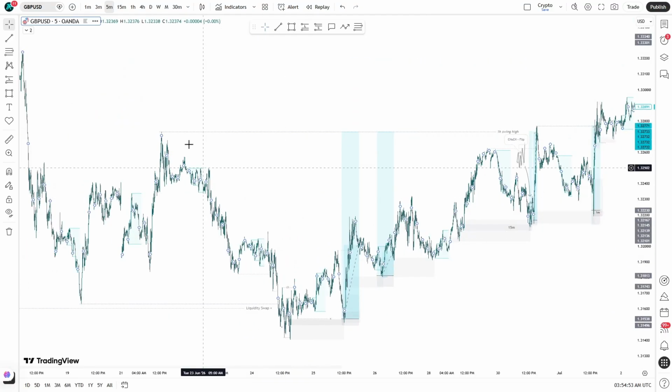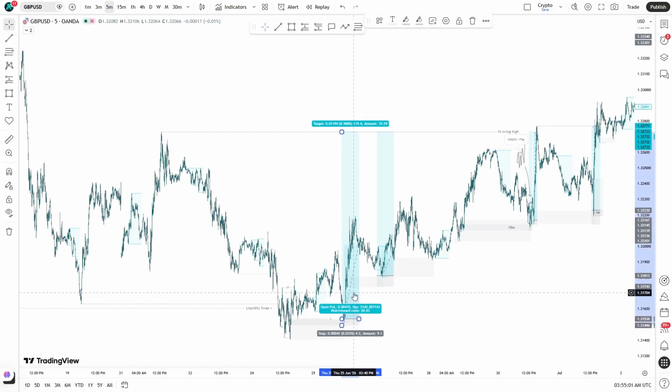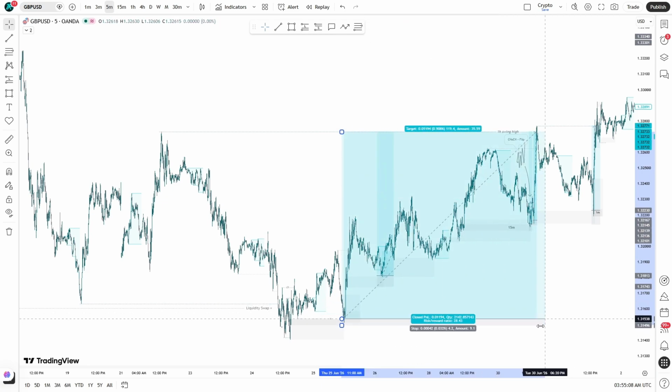They moved there and moved up to this trend swing high here, giving us a total trade of 1 to 28 for this particular one.